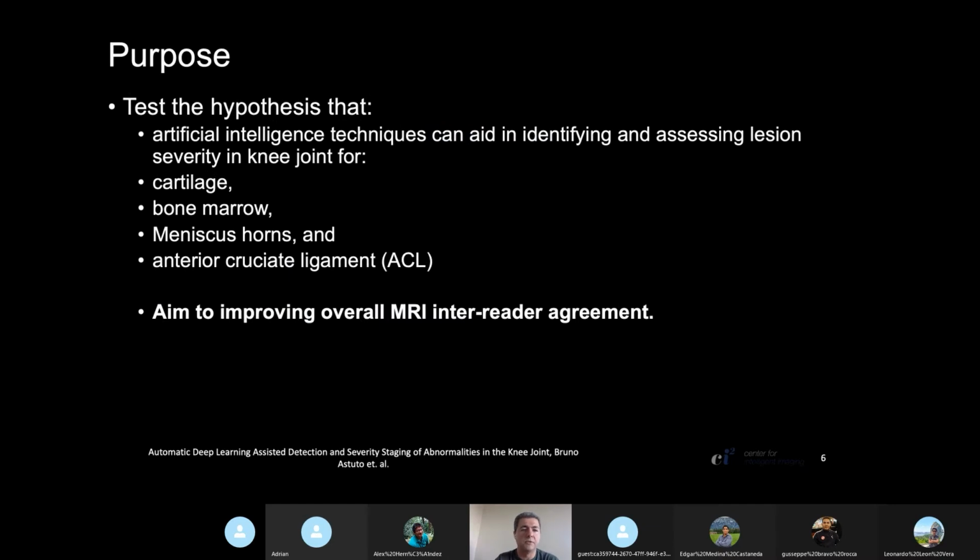So in this work, we would like to test the hypothesis that artificial intelligence techniques can aid in identifying and assessing lesion severities in the knee joint. And we look at all the structures here: cartilage, bone, meniscus, and also the ligament, the anterior cruciate ligament.